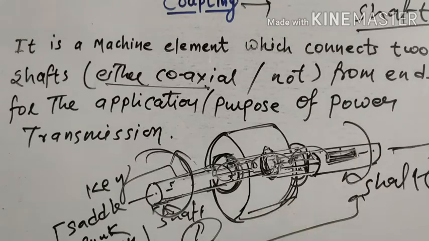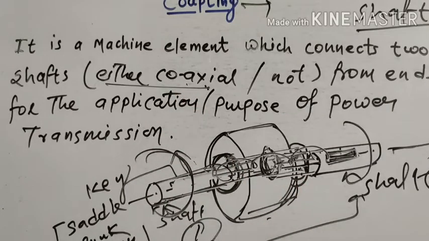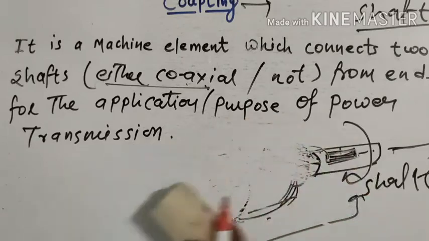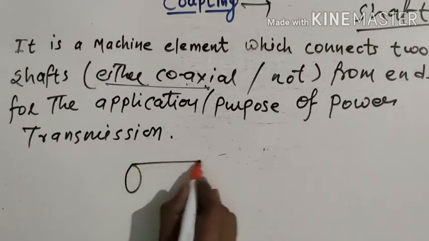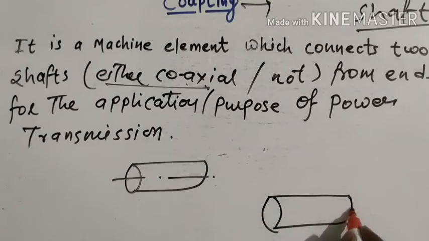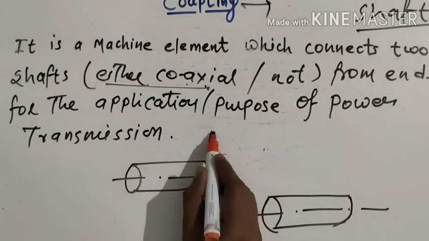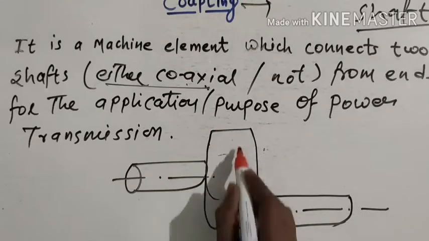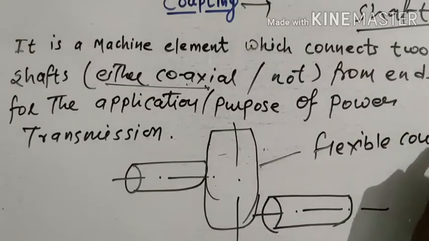I already said this one is coaxial, and if it is not coaxial, that means we need to connect two shafts which are not aligned like this. For this we have a certain kind of coupling, known as a flexible coupling, and the previous coupling is called a rigid coupling.